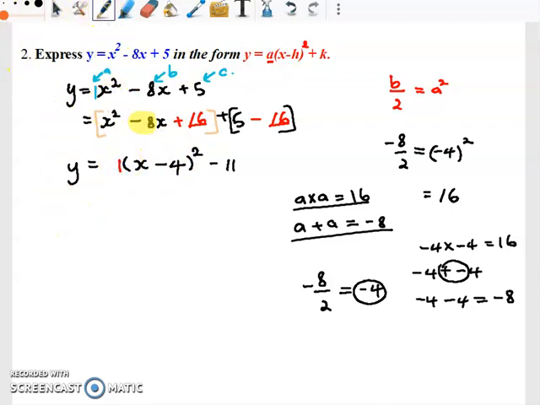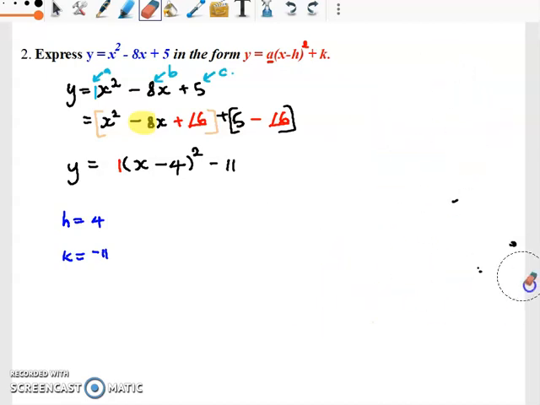Alright, and your h would be equal to 4. In this case, your k would be minus 11. And just to give you a quick illustration of how this looks on the parabola, on the graph.